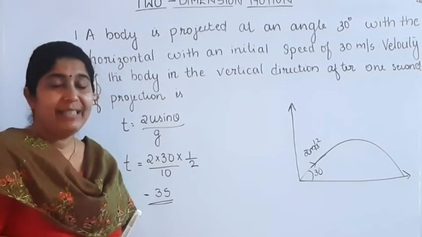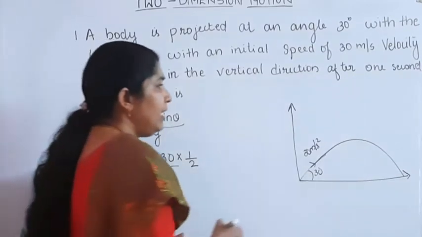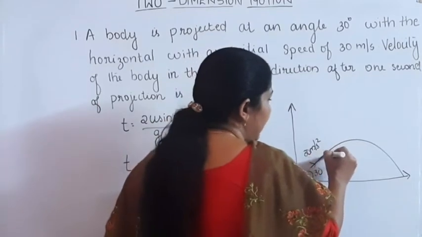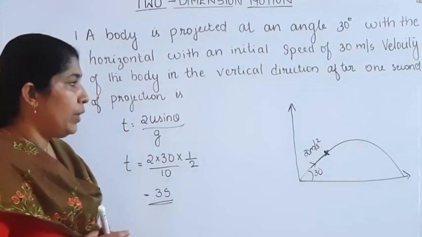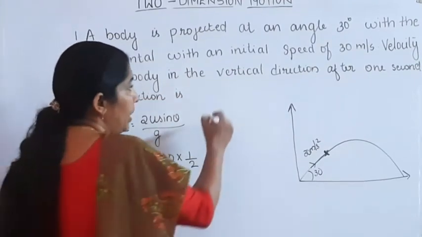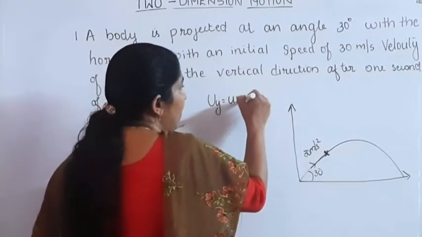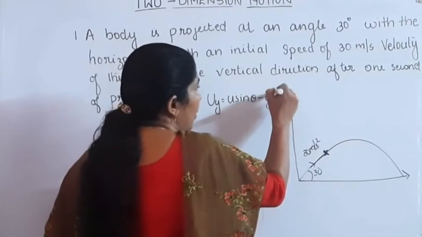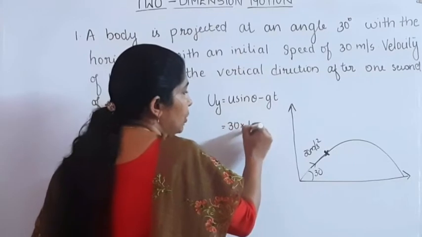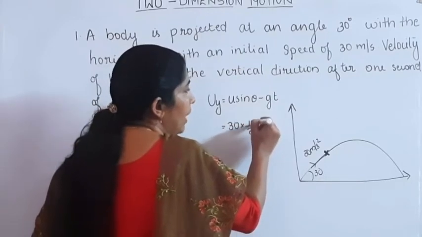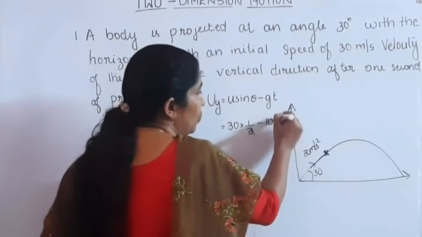Now what about the position of the projectile after 1 second? After 1 second, the position of the projectile is somewhat here. Then what about the vertical velocity at that point? Vertical velocity uy is equal to u sin theta minus gt. u is 30, 30 into sin 30, sin 30 is equal to 1 by 2, minus g, g is equal to 10, into time, t is equal to 1 second.